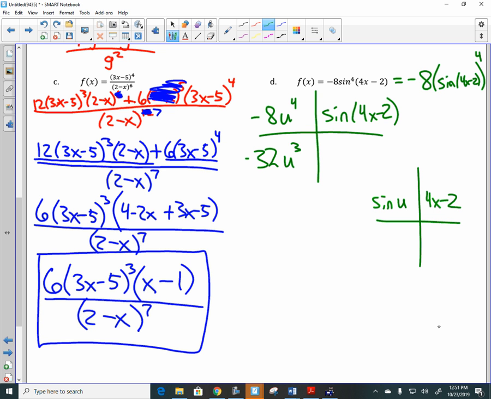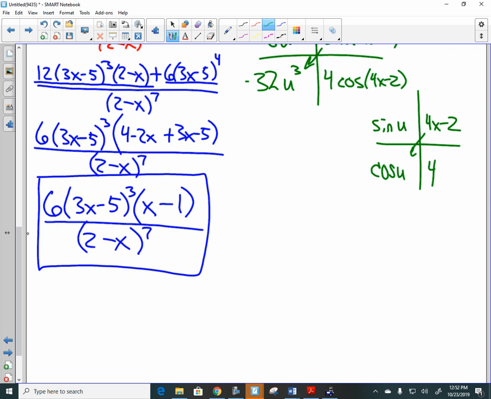Sine of u and 4x minus 2 is what I set up. Derivative. So everybody agree it's 4 times the cosine of 4x minus 2? 4 times the cosine of 4x minus 2. Can I draw that arrow to remind me that that's what I plug back in.